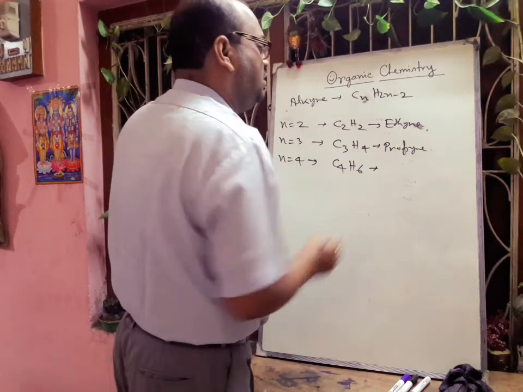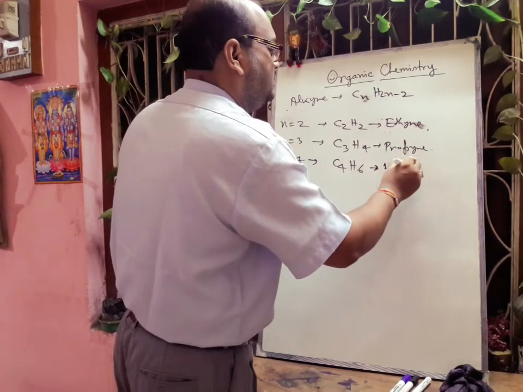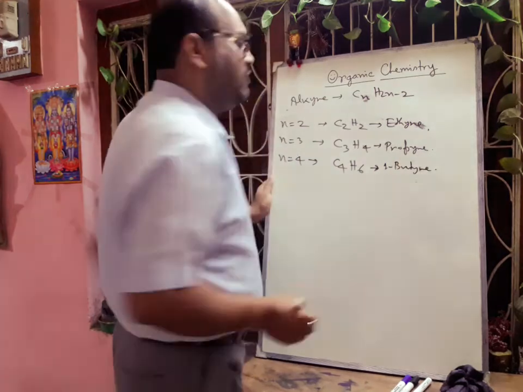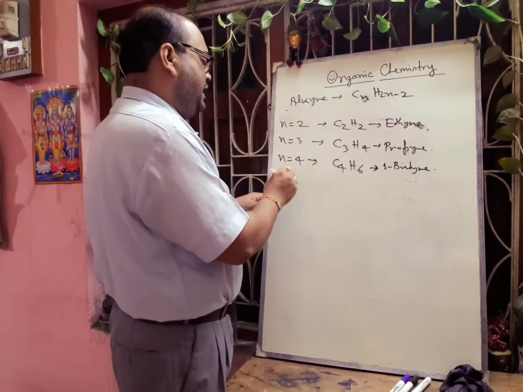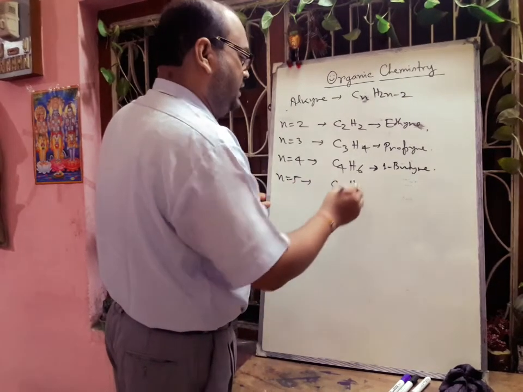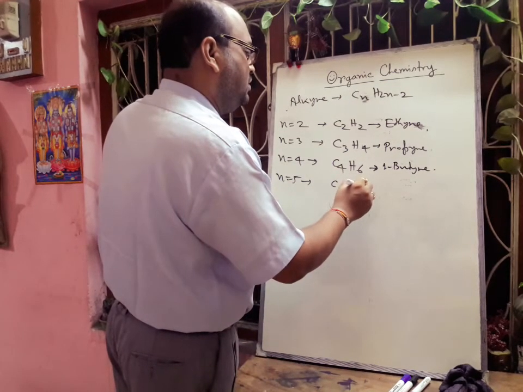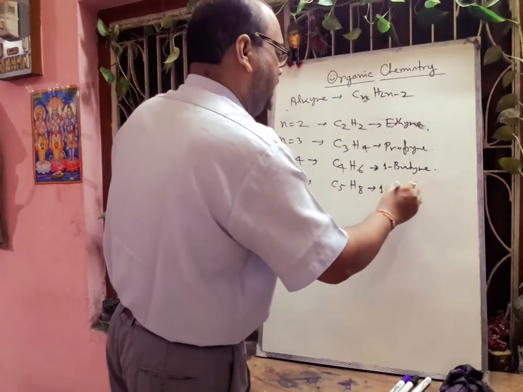This one is called butyne. This is 1-butyne, or maybe 2-butyne. Next, when n is equal to 5, that will be C5H8. That will be 1-pentyne.